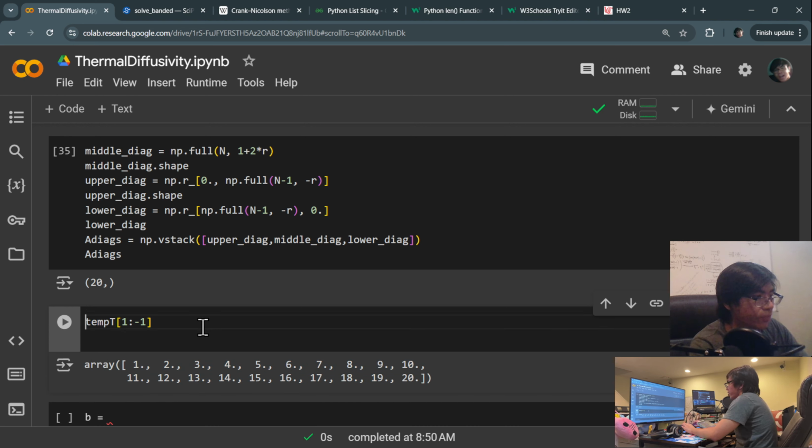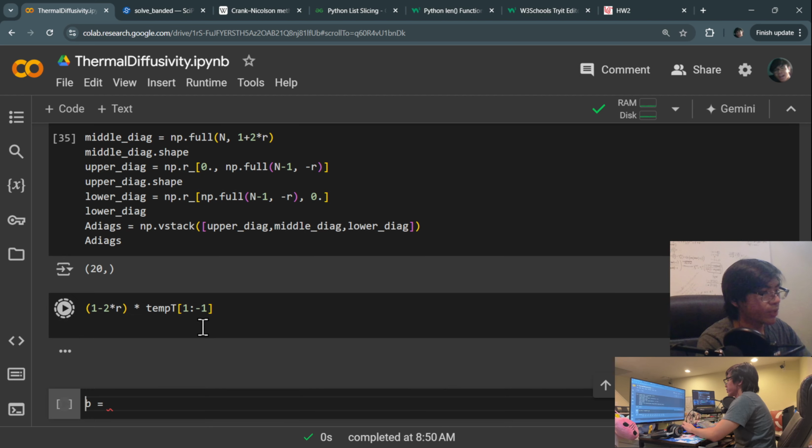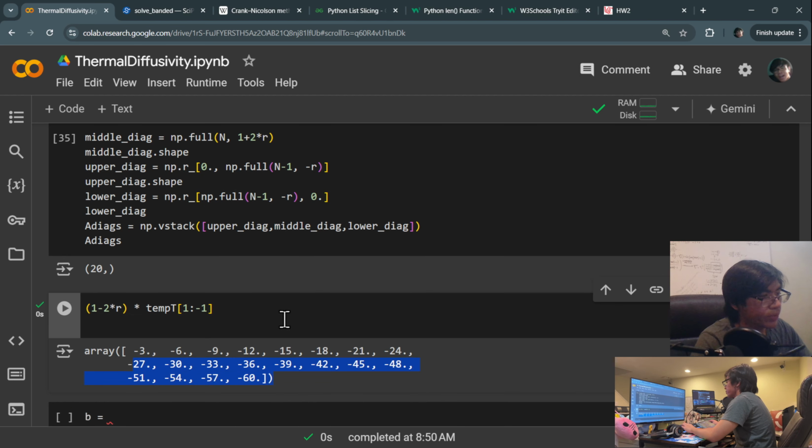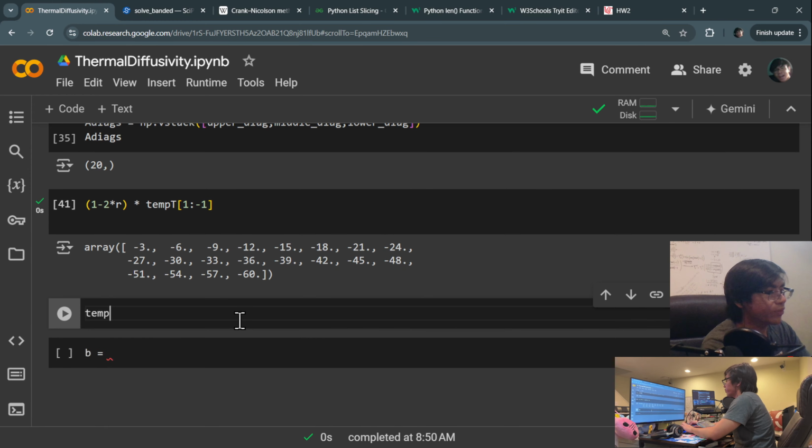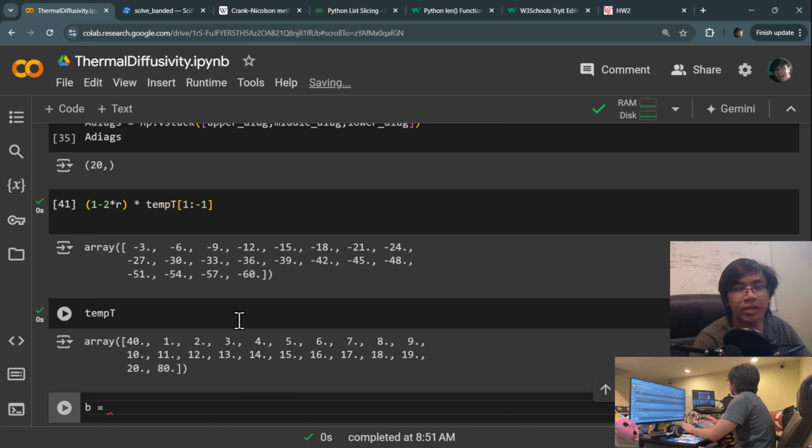And then we want to multiply that by 1 minus 2r. So 1 minus 2 times r. Want to multiply. That's what we get. I don't know if it'd be more helpful to just see the indexing and then I multiply. Maybe that's more helpful. So I'll remove this for now.